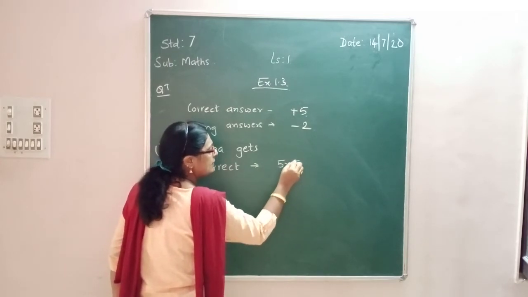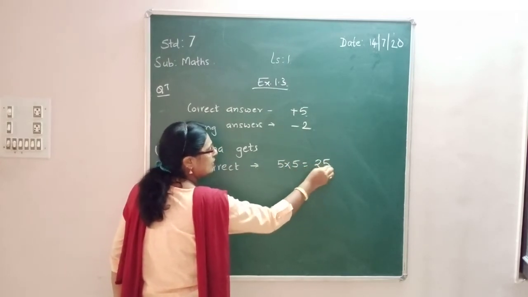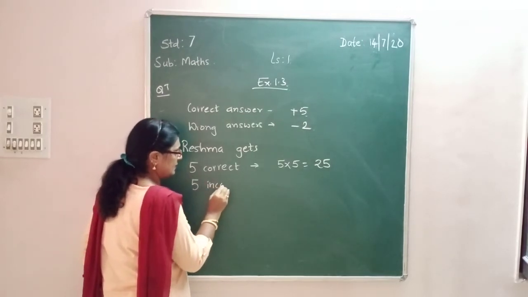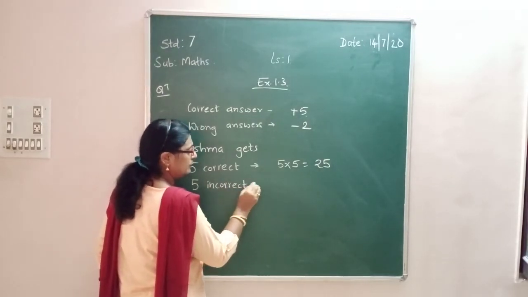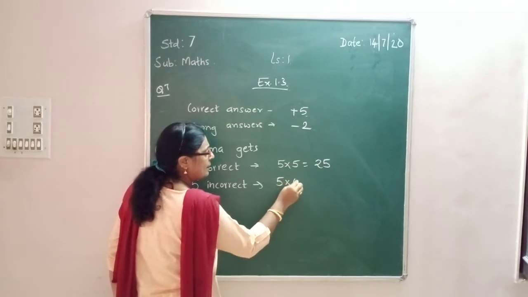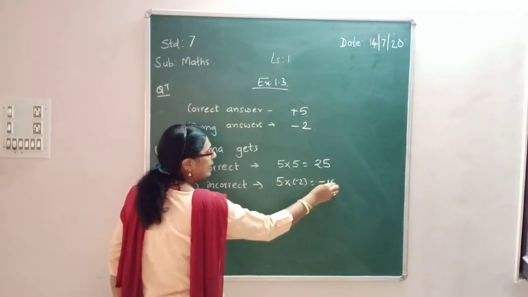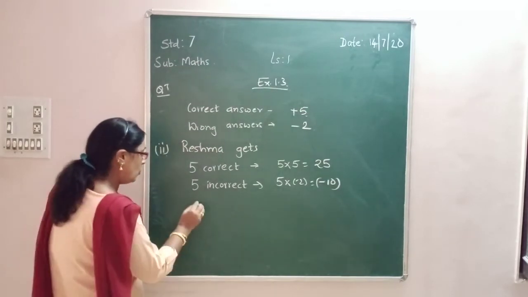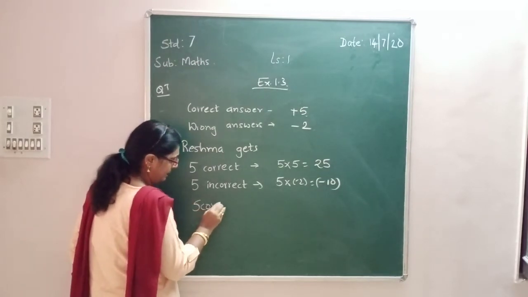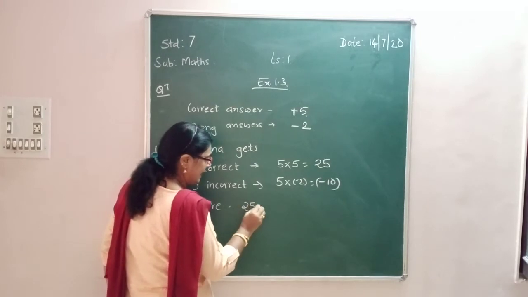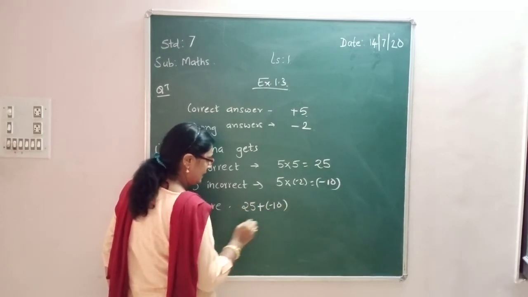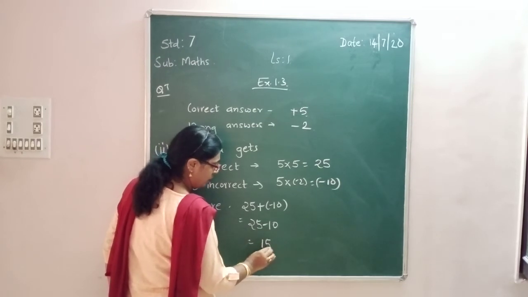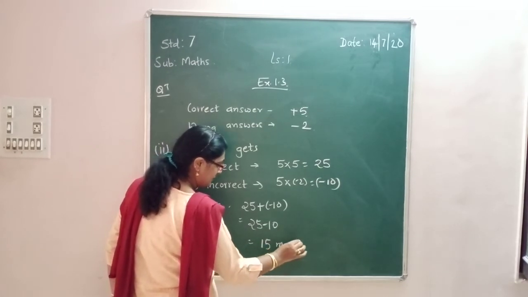So 5 multiplied by 5, that is equal to 25. And 5 incorrect answers. So 5 multiplied by minus 2, that is equal to minus 10. Okay. Now what is her score? 25 plus minus 10, that is equal to 25 minus 10, that is equal to 15 marks.